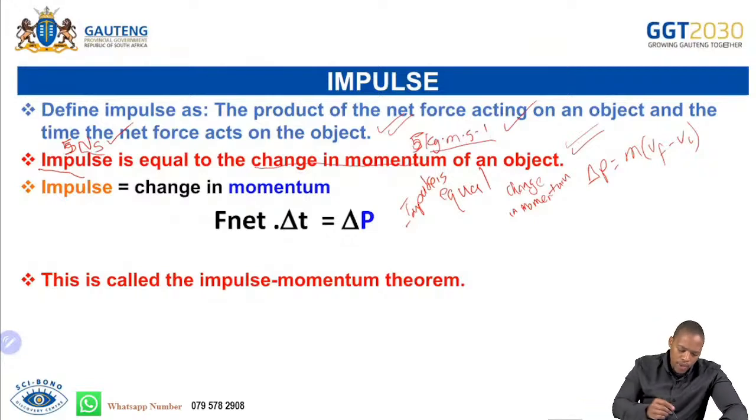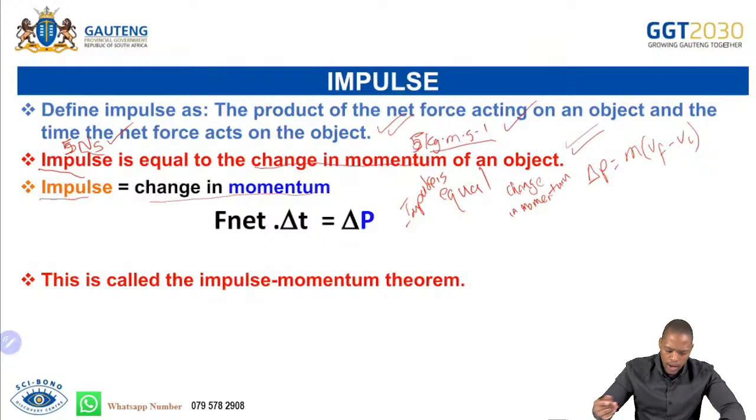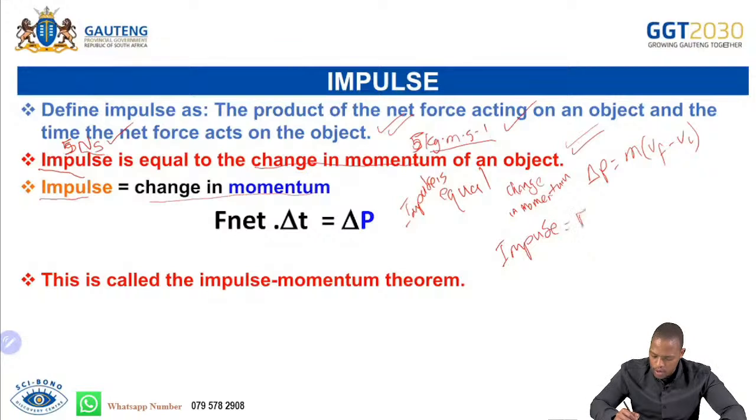Okay, so if we say impulse is equal to the change in momentum, then we can represent both these things mathematically. We know, as we said in a previous slide, that impulse is equal to the net force times change in time.